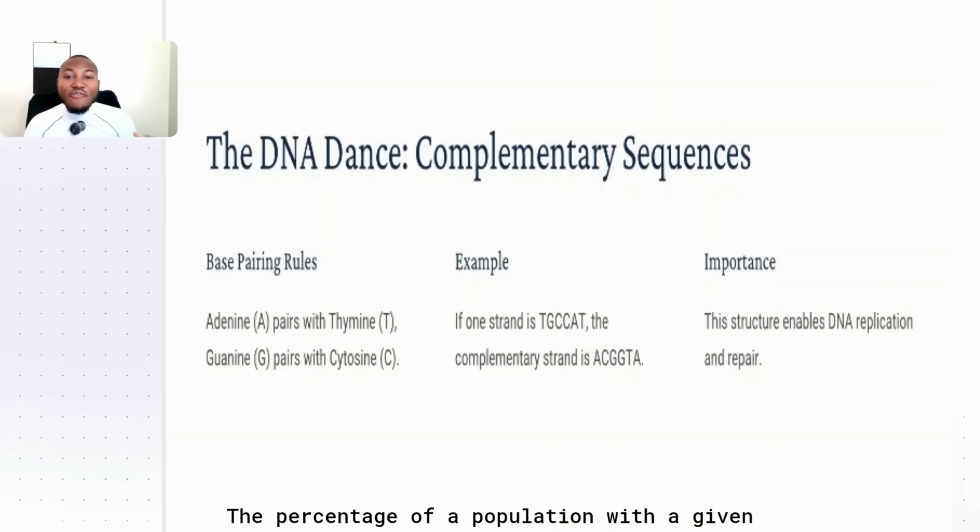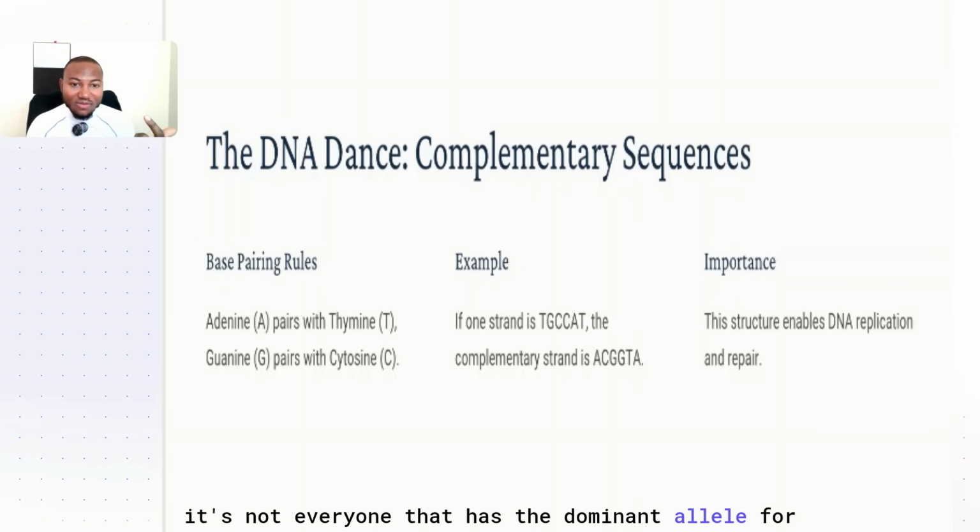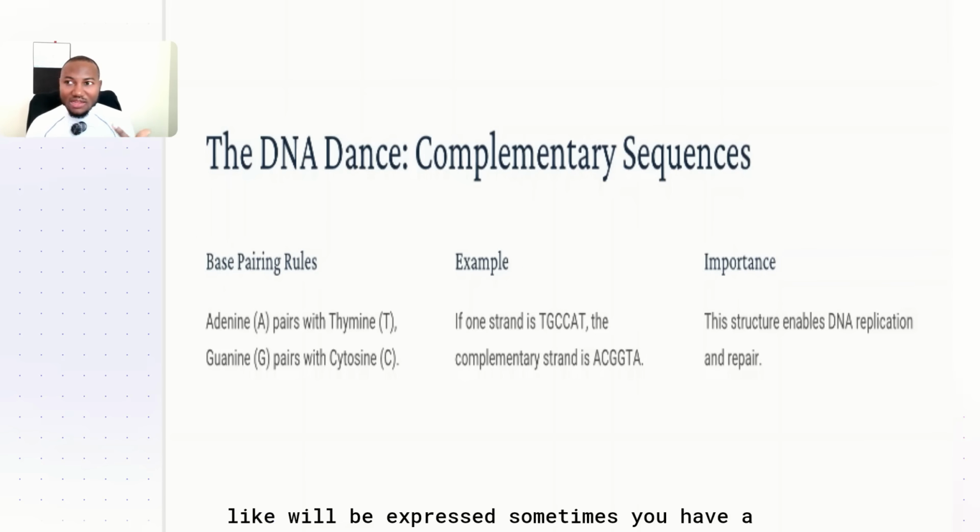The percentage of a population with a given genotype, but they actually exhibit that predicted phenotype is called what? Penetrance. That's the ability for that gene to penetrate and to showcase itself. All right? And because of this penetrance, it's not everyone that has the dominant allele for a trait that will be expressed.